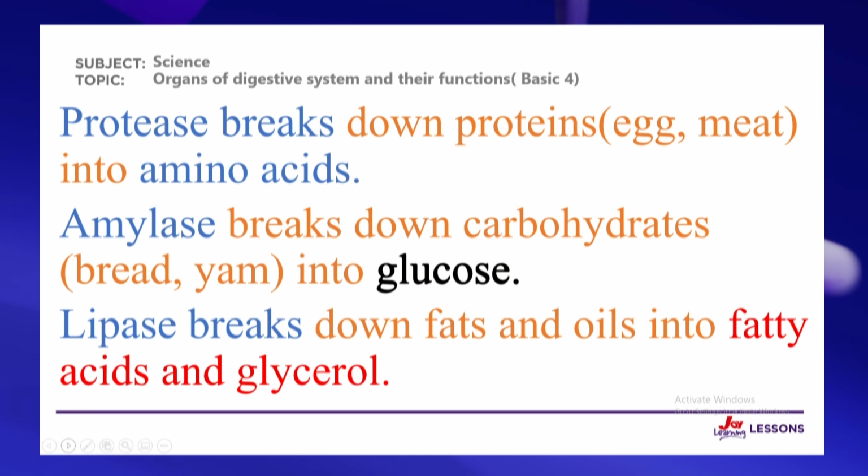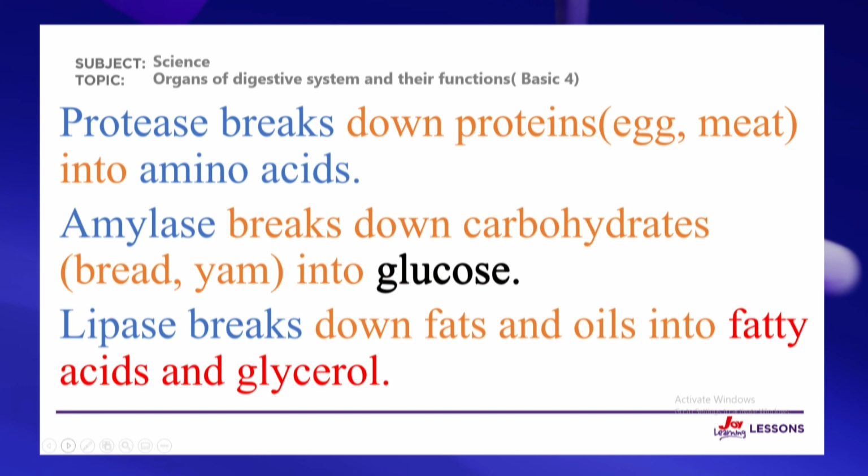When we talk about carbohydrate food, yam, cocoyam, bread, and so on and so forth, amylase are enzymes that break down carbohydrates into the simplest unit called glucose. Lipase breaks down fats and oil into the simplest units known as fatty acid and glycerol.